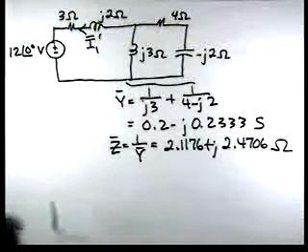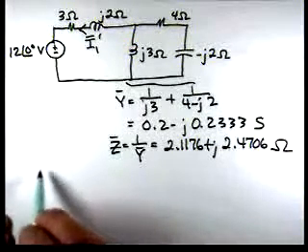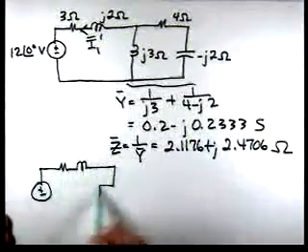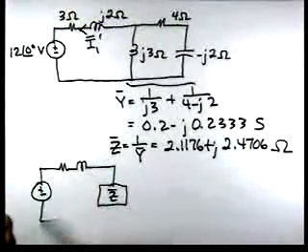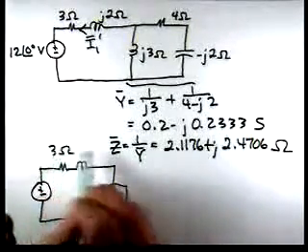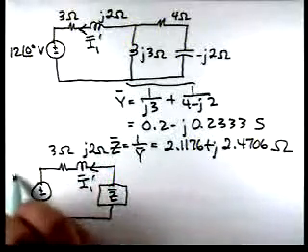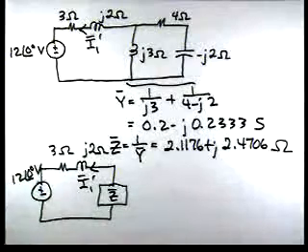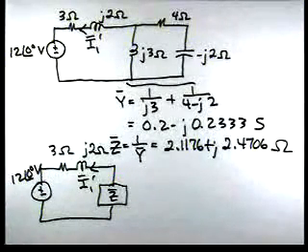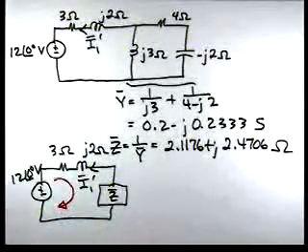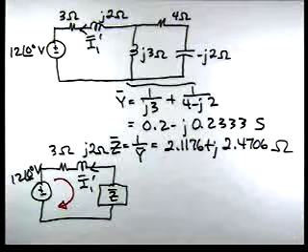Now we can redraw our circuit. And here's I1 prime, which is a contribution from the 12 at angle 0 volt source. This source is going to push current around in this direction, which is the opposite direction from which I1 prime is defined.